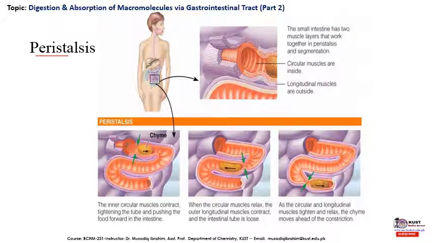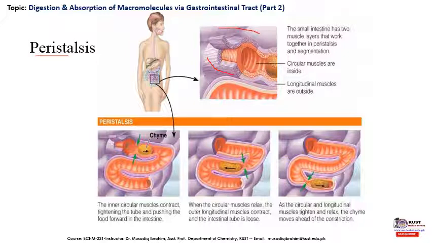Now moving along towards the process of peristalsis. Here in this diagram you can see the small intestine, which has muscular layers that work together in peristalsis and segmentation.